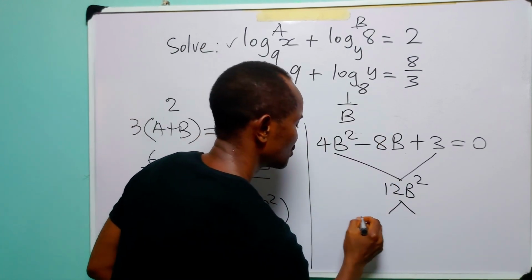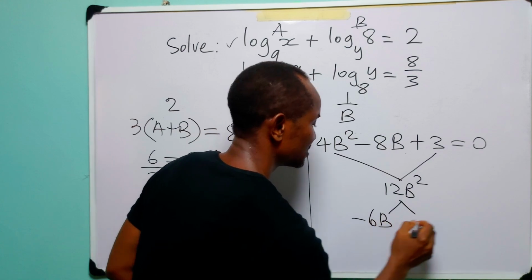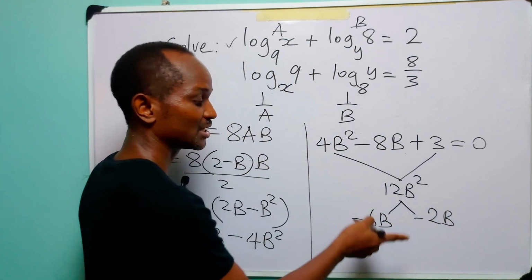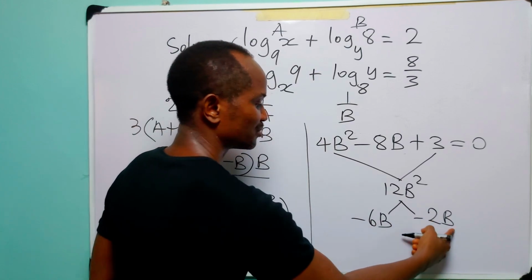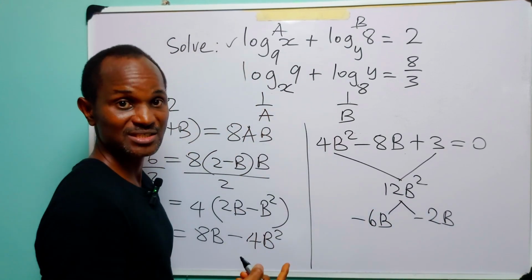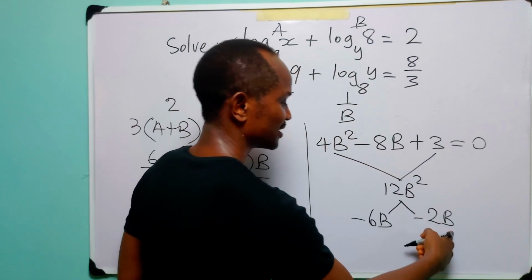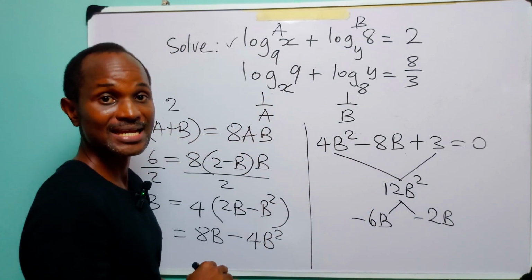And of course, those will be minus 6b and minus 2b, because minus 6b multiplied by minus 2b is going to give us plus 12b squared, while minus 6b added to minus 2b is going to give us minus 8b.